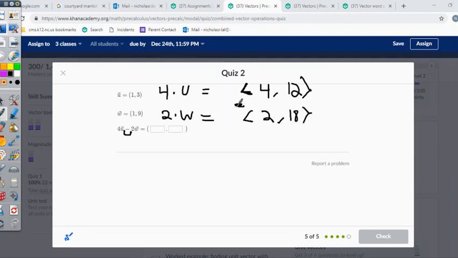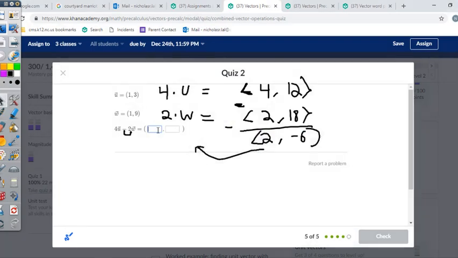And we subtract across, so because we are subtracting, 4 minus 2 is 2, and 12 minus 18 is negative 6. So that is our new component vector. Positive 2, negative 6.